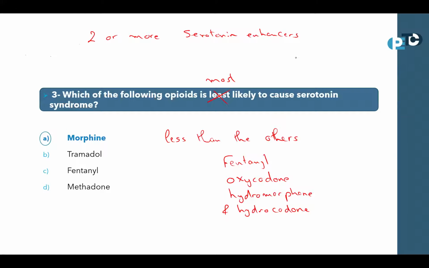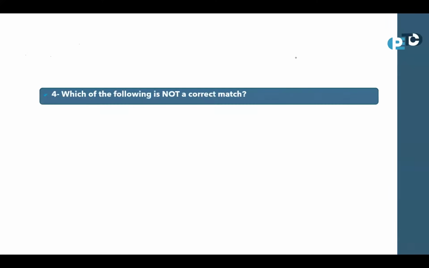Okay, other choices, if methadone is not present, meperidine can be the choice. Tramadol, meperidine, dextromethorphan, all of them have a high effect on serotonin level.